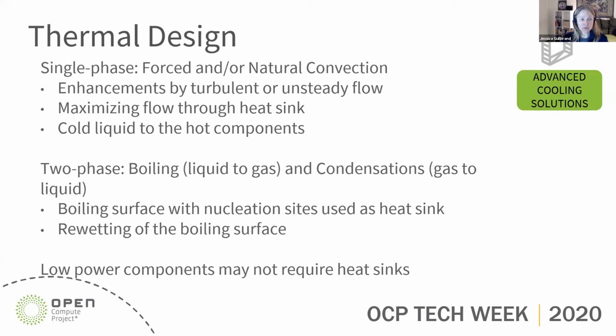And you can also maximize the flow through the heatsink. That's of course what you would like to do in order to have as much heat transported away from the hot components, and provide the cold liquid to the hot components, in the same way as we like to do in air cooling.